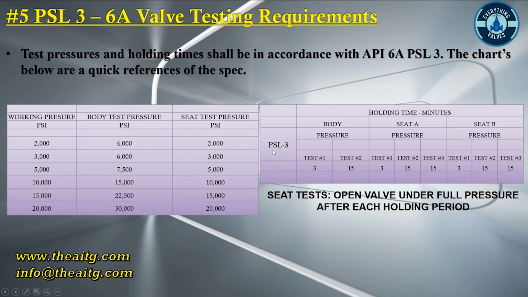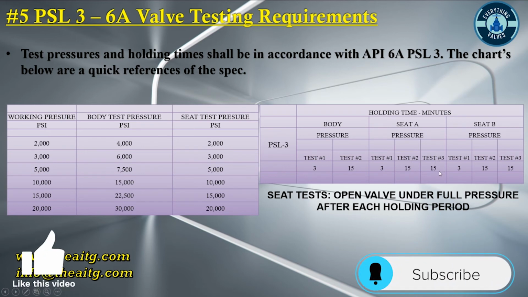So for PSL3, you still have 2 tests that must be performed. However, now, instead of both tests being 3 minutes, your second test must be 15 minutes. Now looking at the seat test, you still have 3 tests that must be performed, but now it is 3 minutes, 15 minutes for the second, and 15 for the third test.